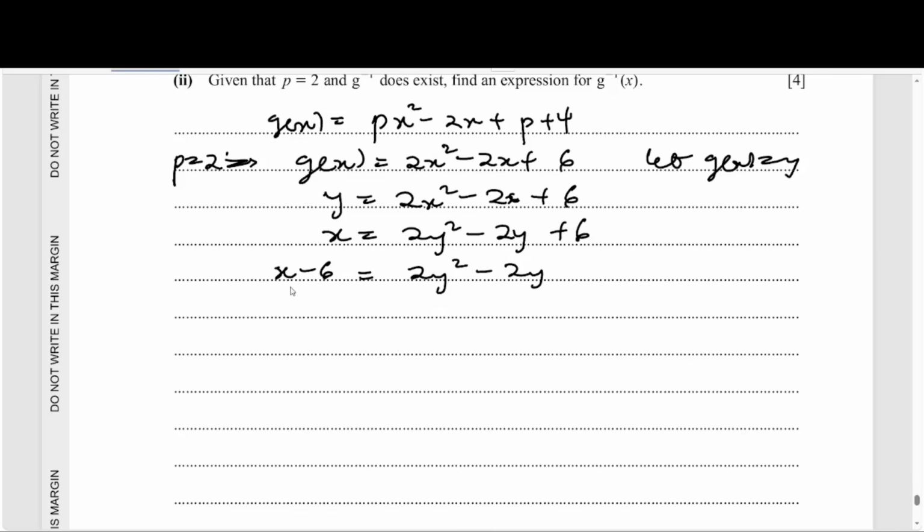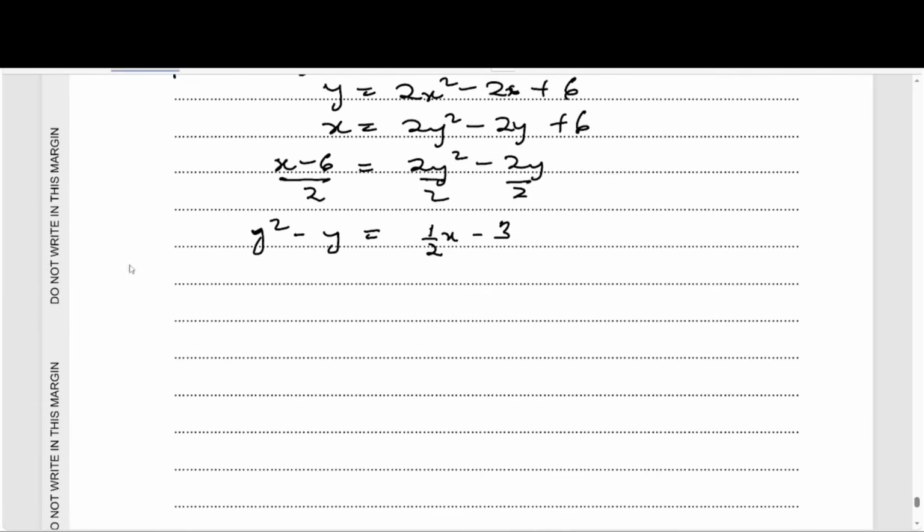Since this is an equation, I'm going to divide through by 2. So here by 2, this by 2, and this by 2. So we have y squared minus y is equal to half of x, and then minus 6 over 2 is 3 over here.